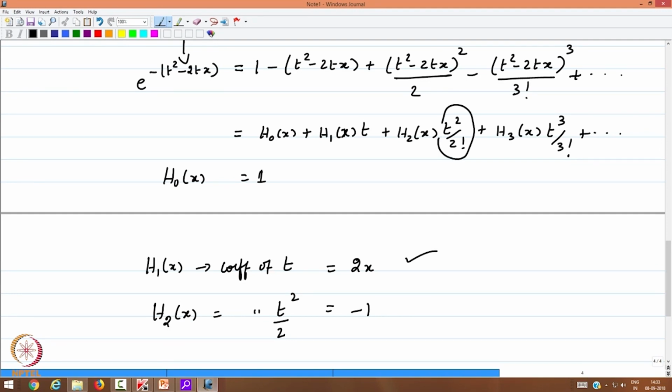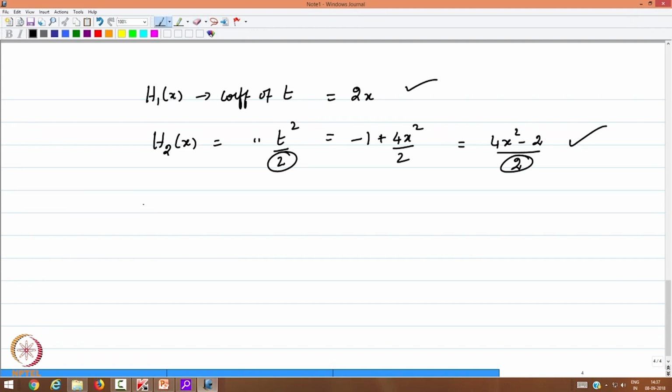The 2 goes away, so what we have is plus 4x square by 2, and the expression is 4x square minus 2 divided by 2. You can see that this 2 you don't need. Therefore, h2 of x is 4x square minus 2.